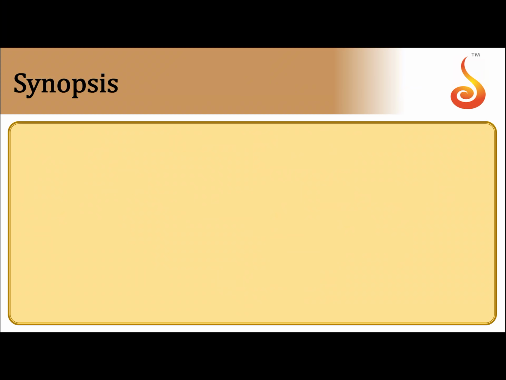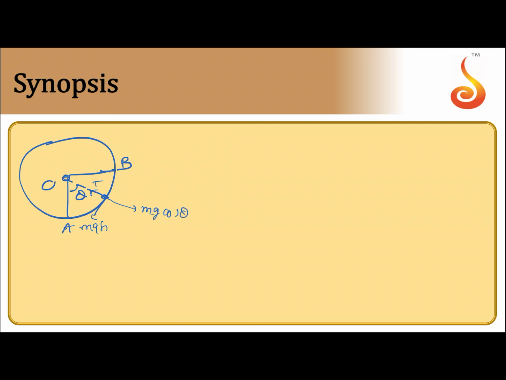Suppose I consider the same situation. This is A, and the journey happens from A to B, say. This is a point under consideration, and at this point the forces are T and the resolved components mg cos theta and mg sin theta.